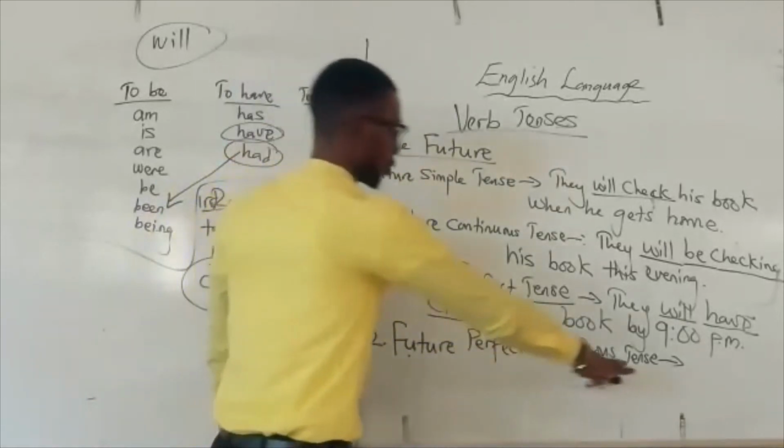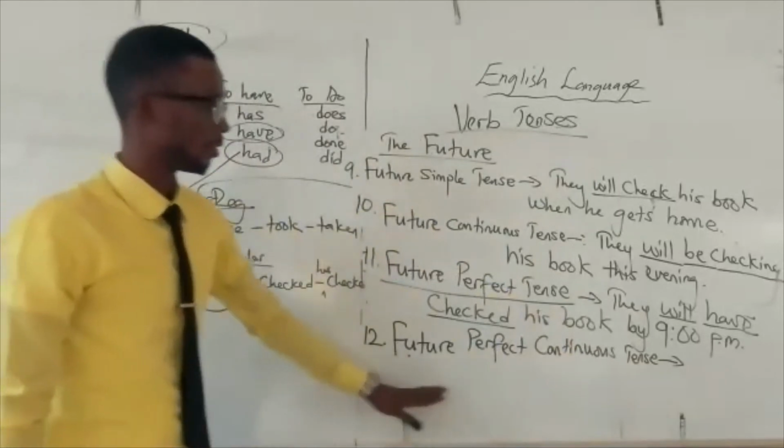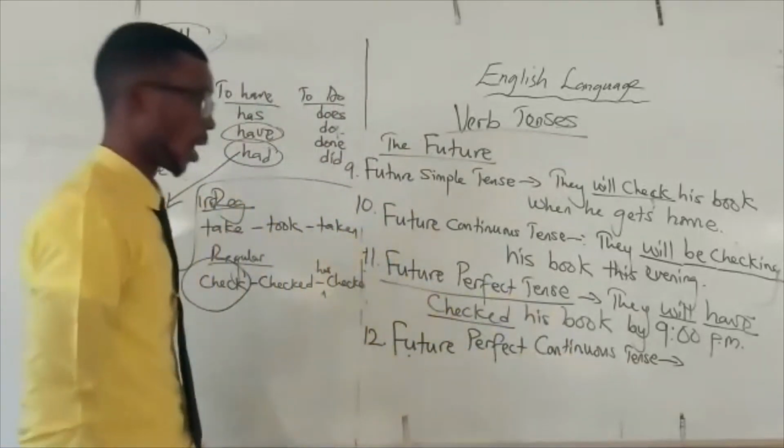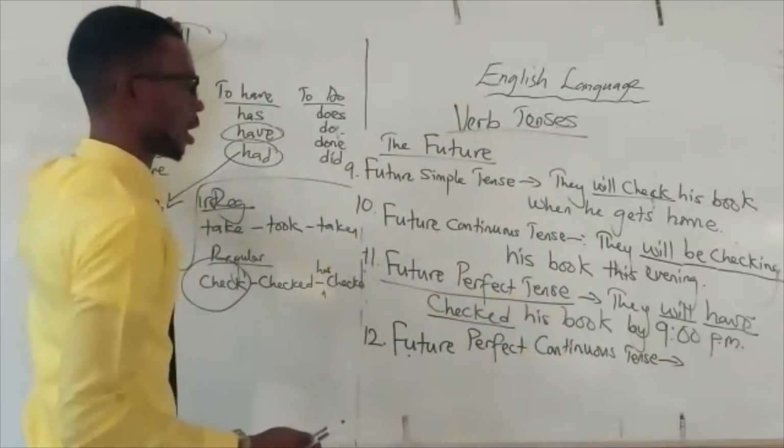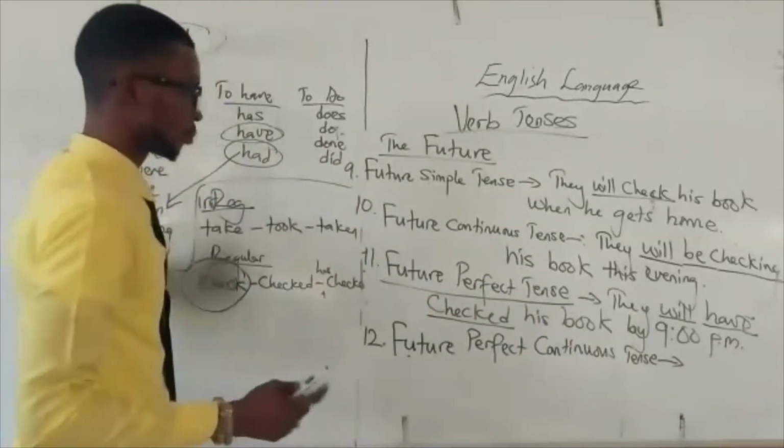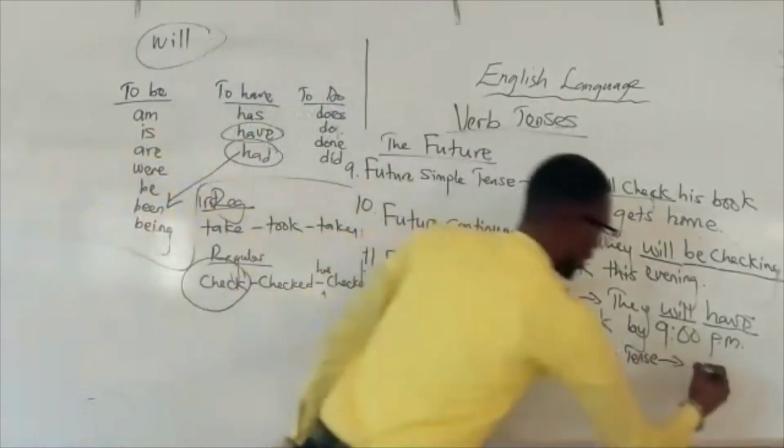In order to form the future perfect continuous tense, we are still going to need the modal verb will, and some other elements.